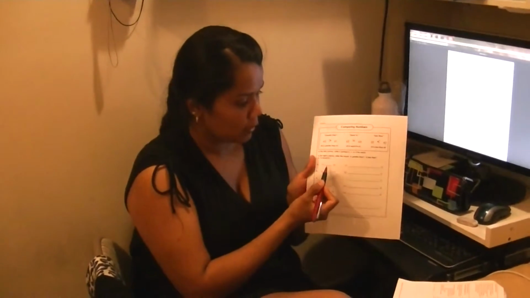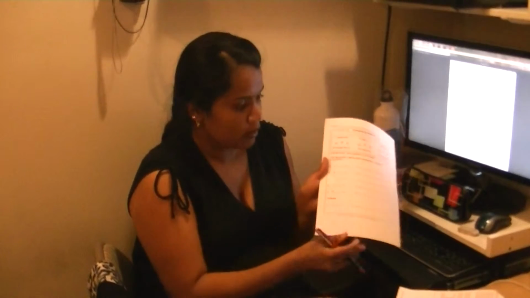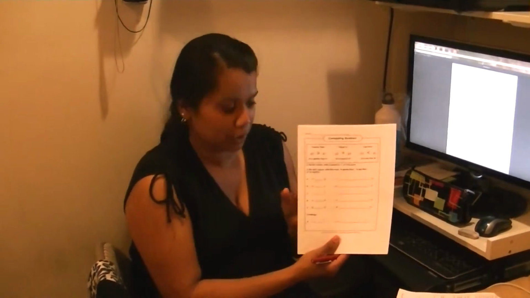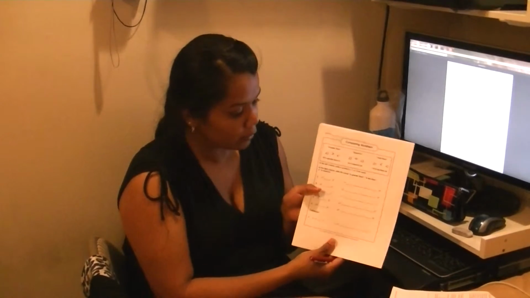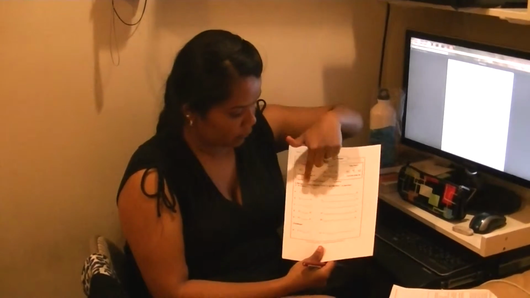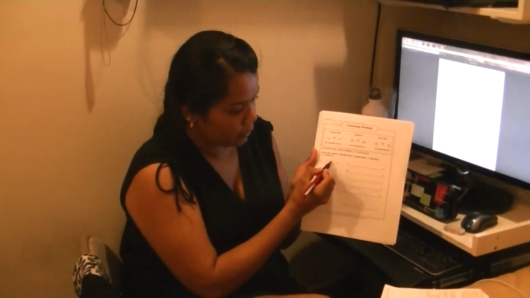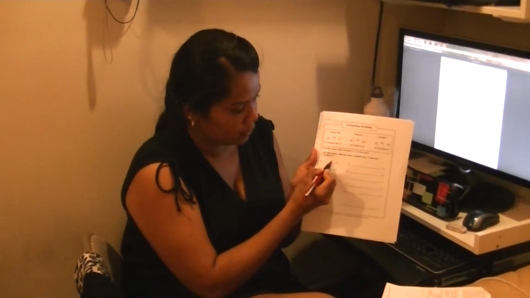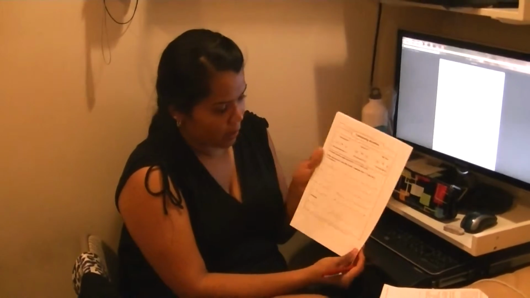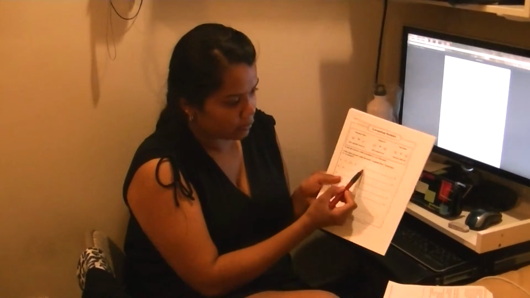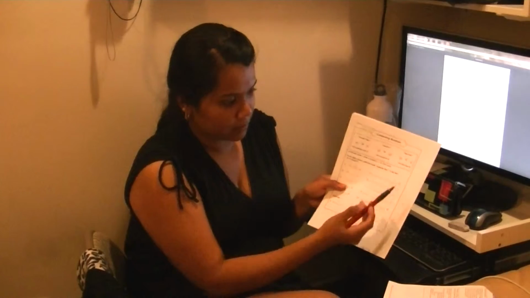19, and we have 25. Now remember I said that the alligator always wants to eat the bigger number. So the bigger number here would be 25, so we draw the alligator mouth eating the 25. And right here we have 19 written again and 25.